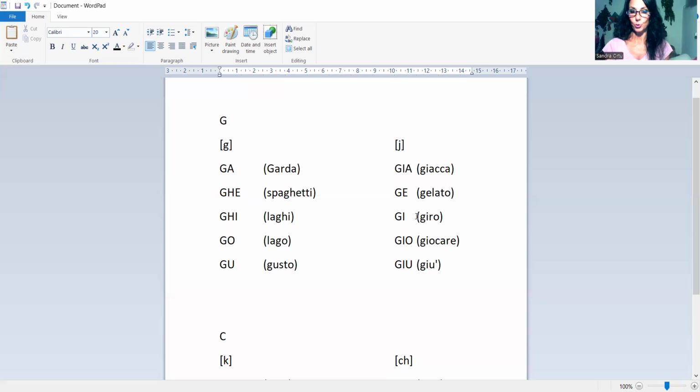Giro is a little tour, a little walk as well. Gio, so not gio, but gio. Giocare is a verb, it means to play. And giù. And I've chosen a word, giù, which is actually with an accent, not an apostrophe. Giù, which means down or under or downstairs as well.